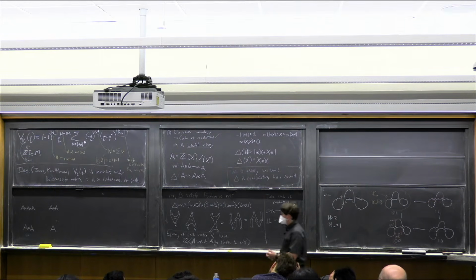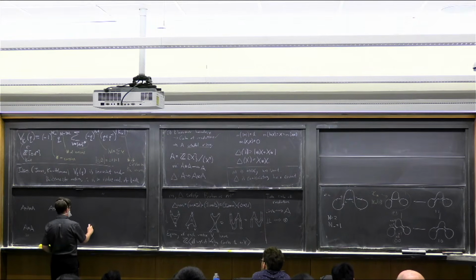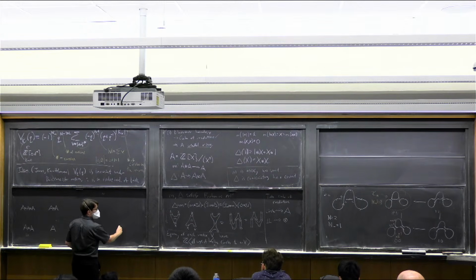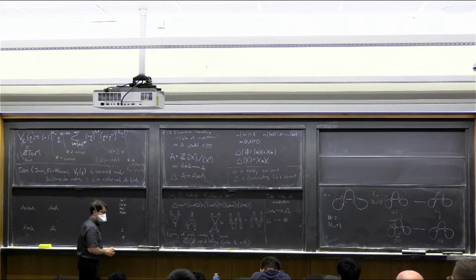I'm going to write out in gory detail what that all is. This is 1 tensor 1, 1 tensor x, x tensor 1, and x tensor x. Here I just had one circle, so this could be labeled 1 or x. Here I have 2 again, so this was 1 tensor 1, 1 tensor x, x tensor 1, and x tensor x.